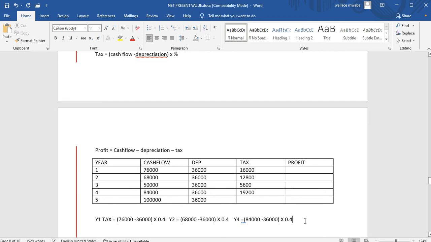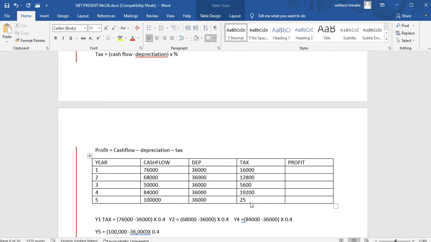So year 5, 100,000 minus 36,000, multiplied by 0.4. 100,000 minus 36,000, that's 64,000, multiplied by 0.4, we get 25,600.